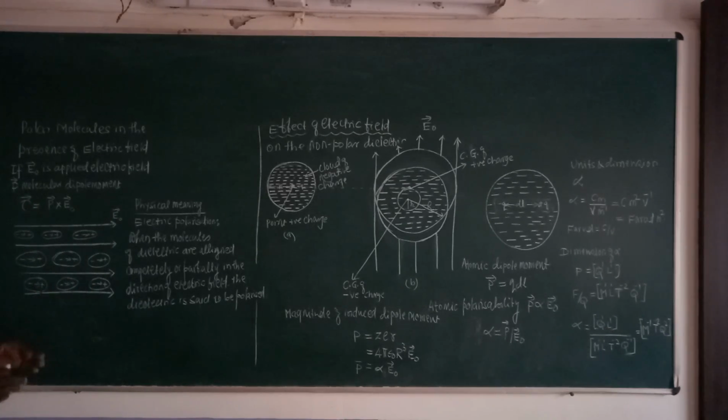When the molecules of a dielectric, say polar or non-polar molecules, are aligned completely or partially in the direction of the electric field, the dielectric molecules are said to be polarized. Now the question is, how to measure this polarization? Polarization is measured in terms of a quantity called electric polarization or polarizability.